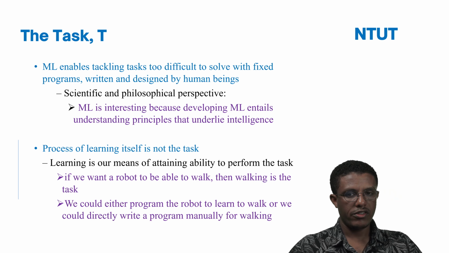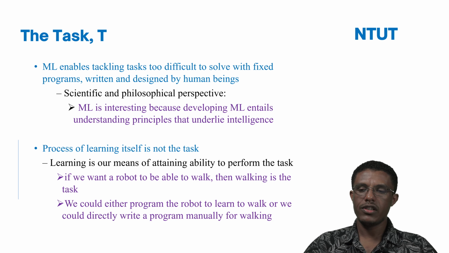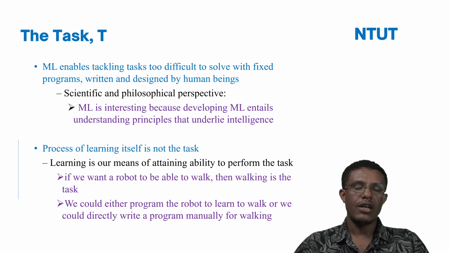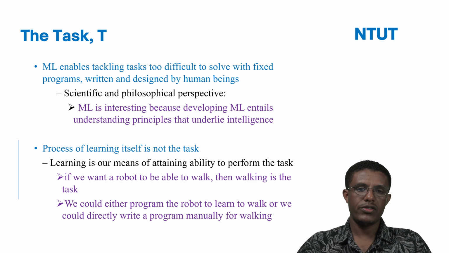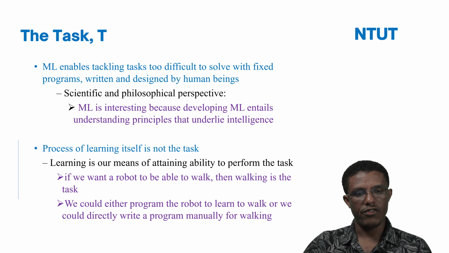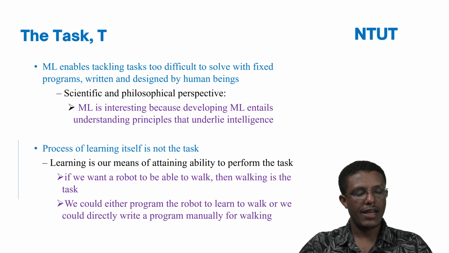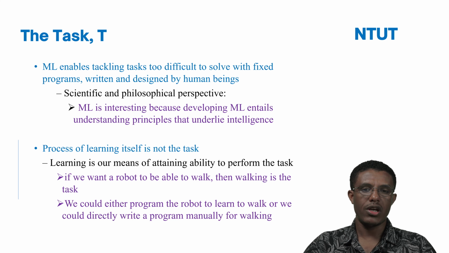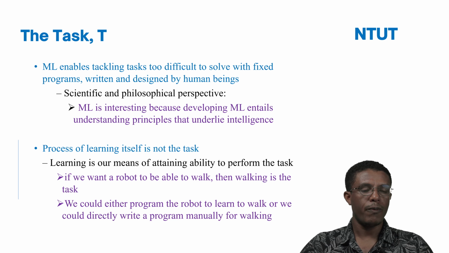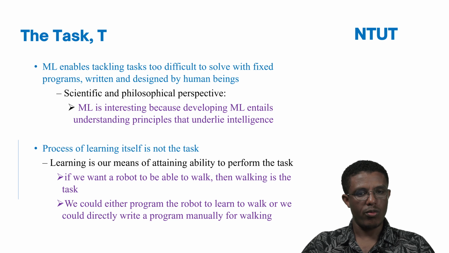Machine learning is interesting because developing machine learning is essential for understanding the principles and underlying intelligence. In order to solve these different tasks, machine learning is designed and developed to understand the principles, features, and patterns needed to solve different problems.